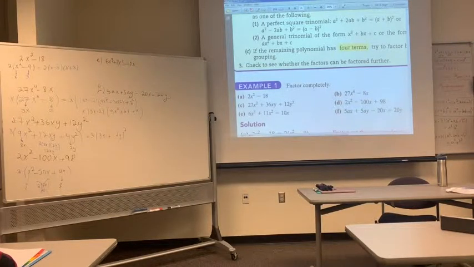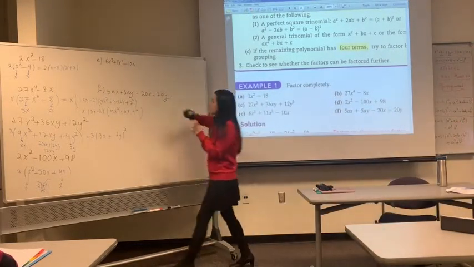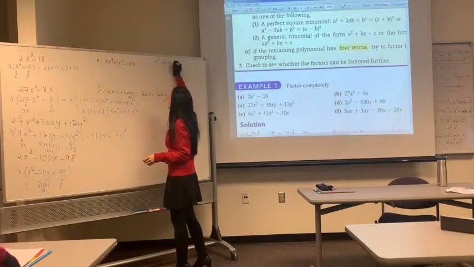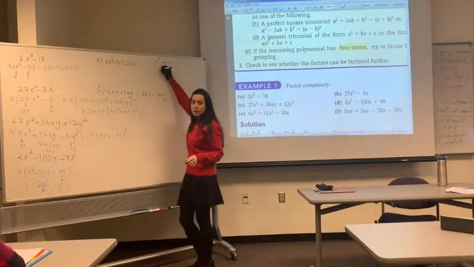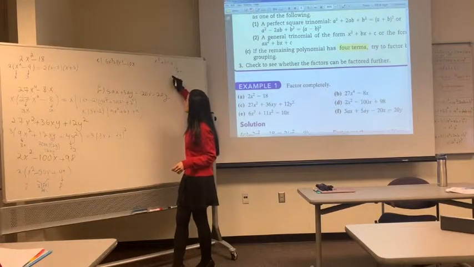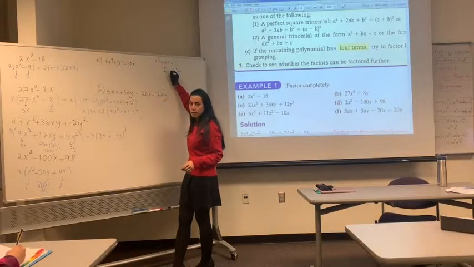So what do we say now? Oh, what about m and n? So we had this form, x squared plus bx plus c. If we have this form, we could find m multiplied by n, and this could be m plus n, right?